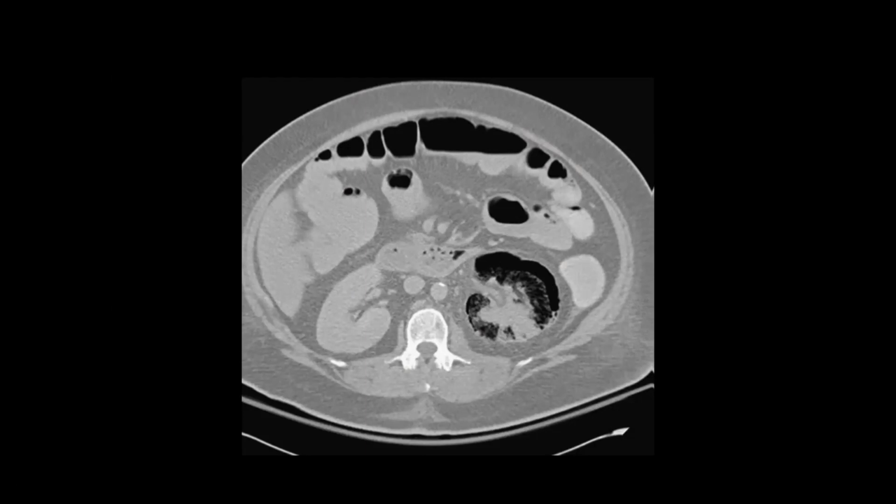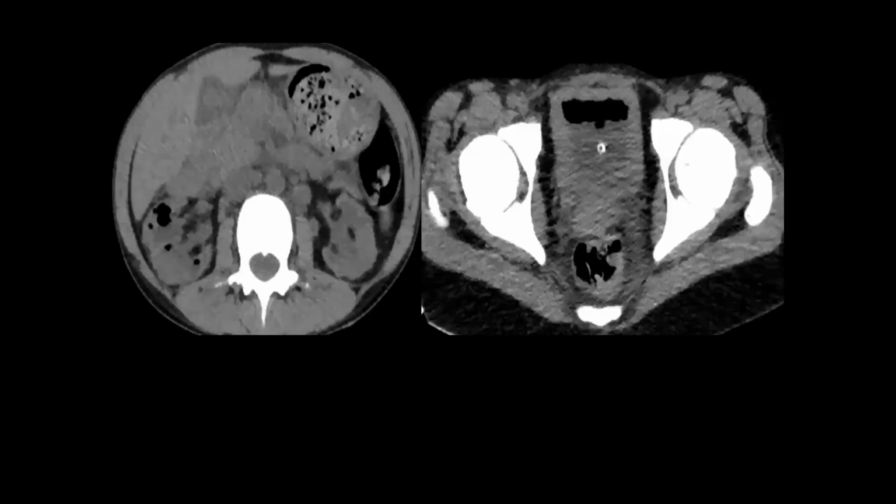Some people might mistake any gas in the urinary collecting system, renal pelvis or ureter, and call it emphysematous pyelonephritis. The gas should be more in the parenchyma, not in the urinary collecting system. Like in this case, you can see it in the parenchyma of the kidney. So this is the case of emphysematous pyelonephritis. This is a critical finding that you need to convey to the clinician immediately so they can take appropriate action.